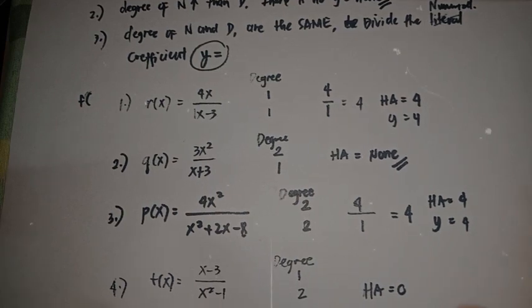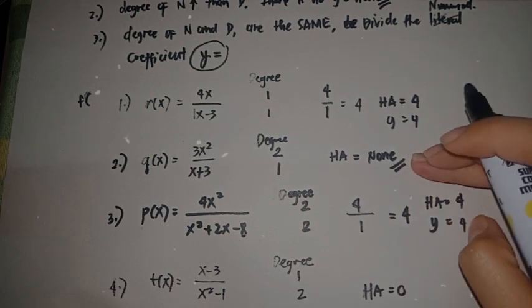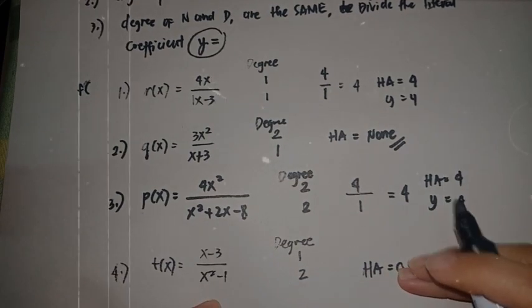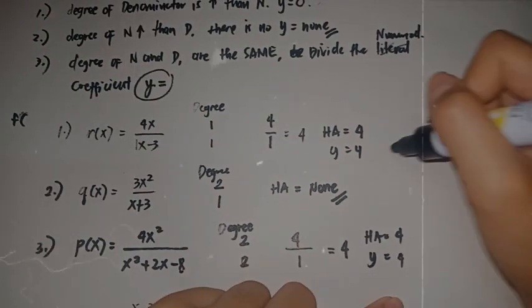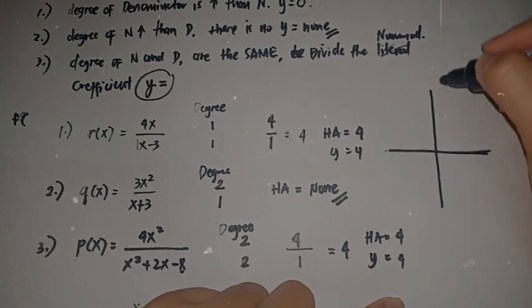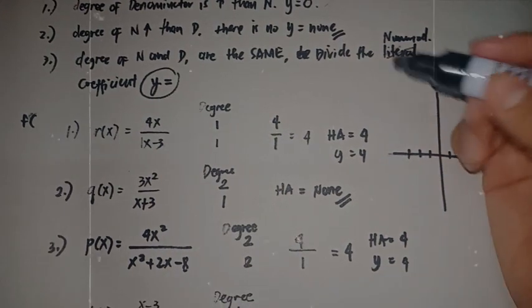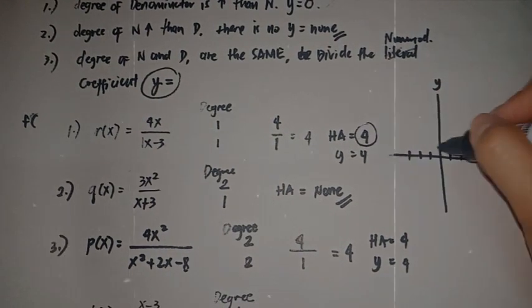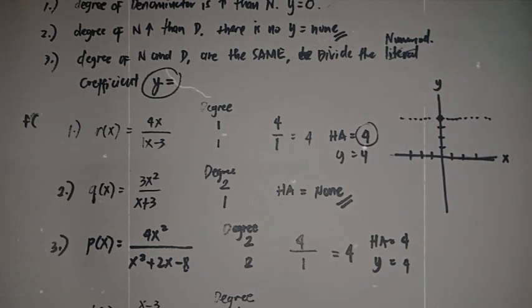Okay? Kindly take note of this. None is not the same with 0. This doesn't have a value, while this has a value of 0. In a Cartesian plane, this is the y-axis and this is the x-axis. So if our horizontal asymptote is 4, I will mark this here, and this indicates the horizontal asymptote.